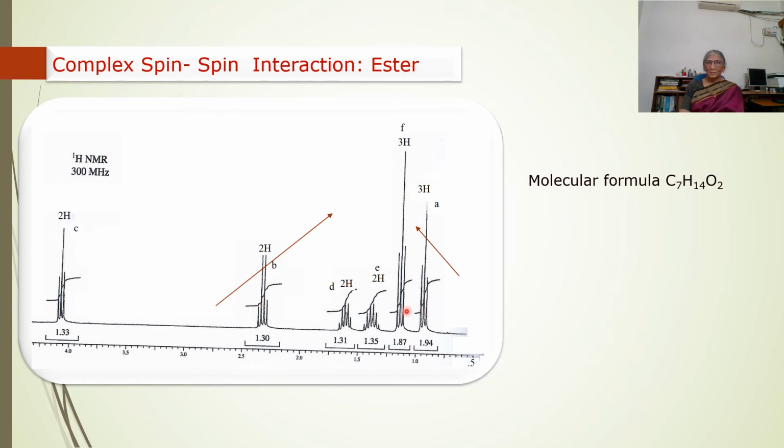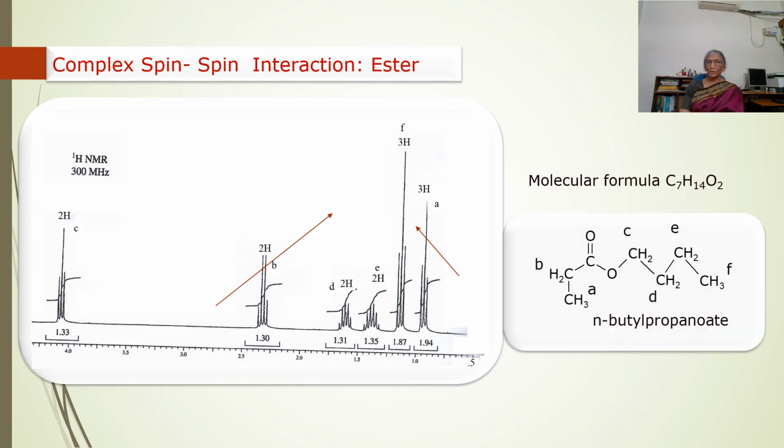And the other 2 methylene protons and the 3 equivalent methyl protons here constitute an n-butyl group. So this ester must have been n-butyl propanoate. You see the structure of n-butyl propanoate.